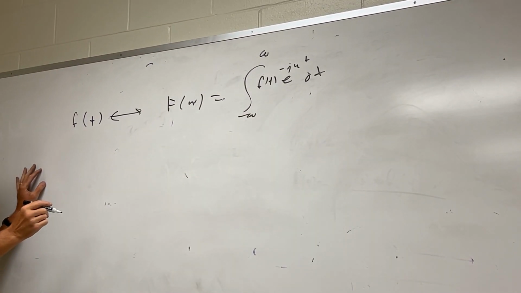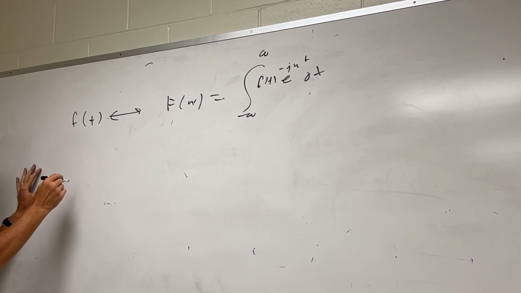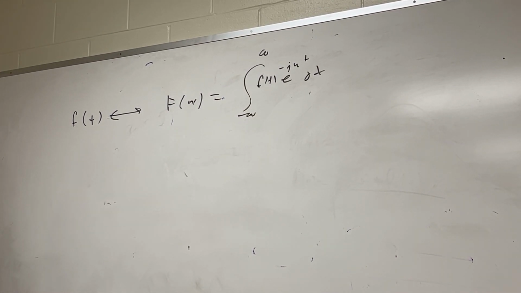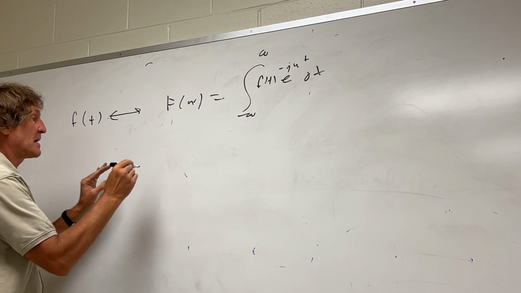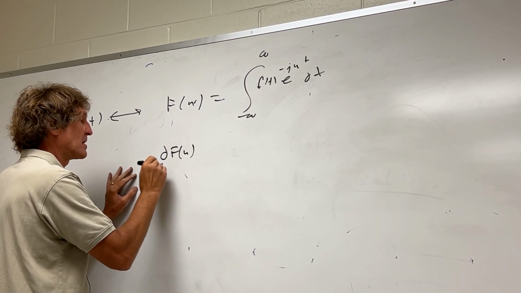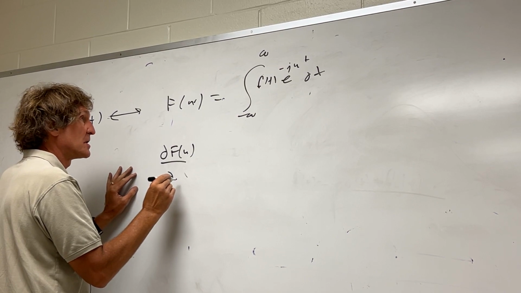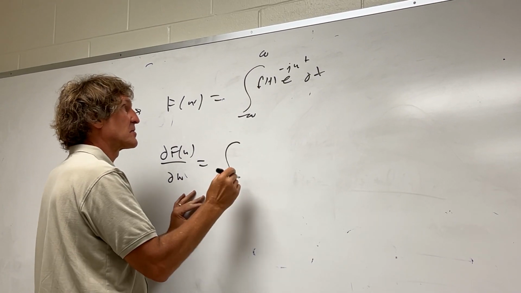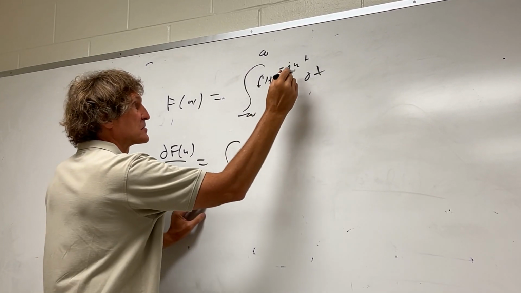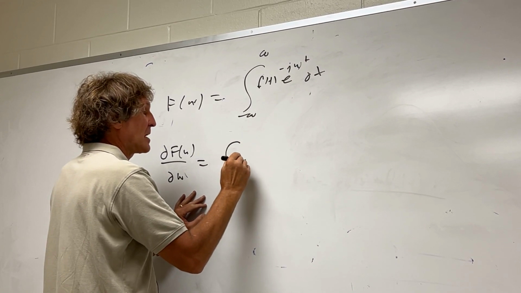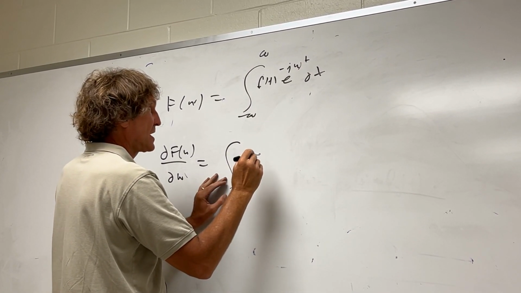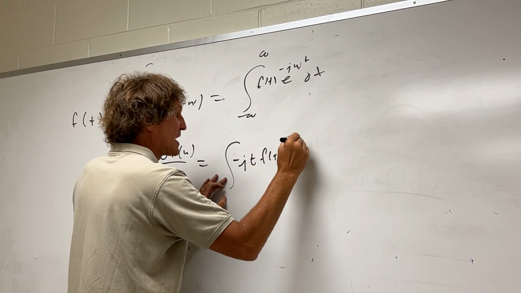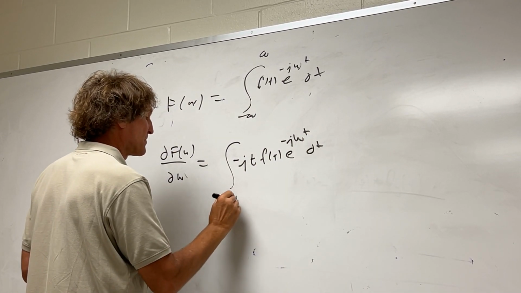Now, if I take a look at this, please listen this time. If I take a derivative of f of omega with respect to omega, what I get is the integral, and because it's with respect to omega, I get minus jt right here times f of t e to the minus j omega t dt from minus infinity to infinity.